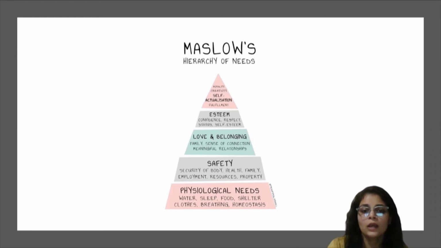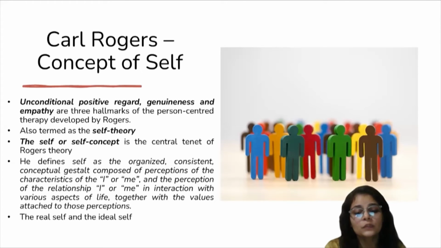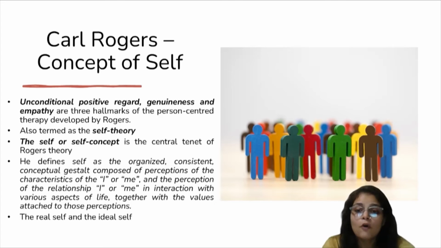Moving ahead with another humanistic, Carl Rogers, who developed the concept of self. According to him, there is a need for parents to provide unconditional love to children for positive personality development.